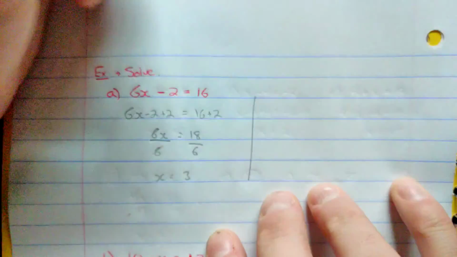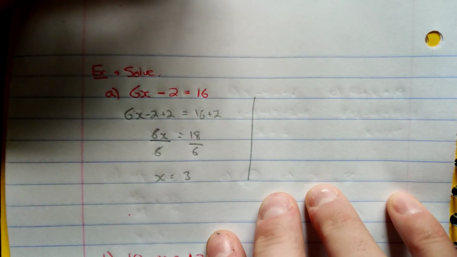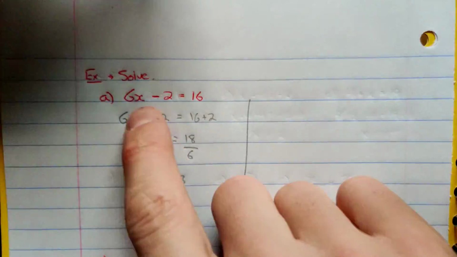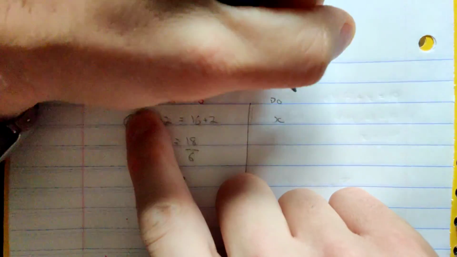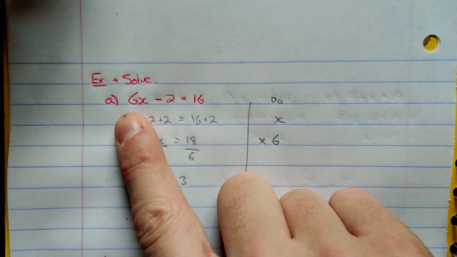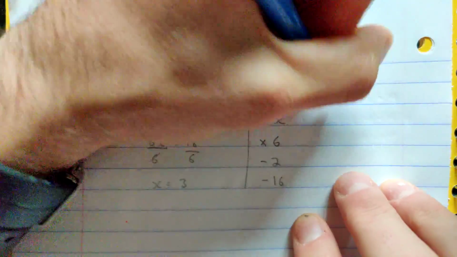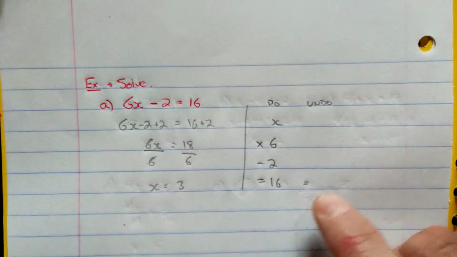The do-undo method would be to start with the x. So this is do. Start with the x, multiply by 6, subtract 2, get 16. To undo that, we're going to start with the 16.